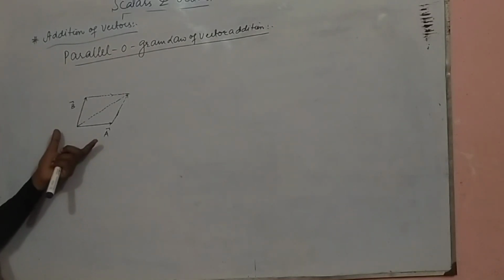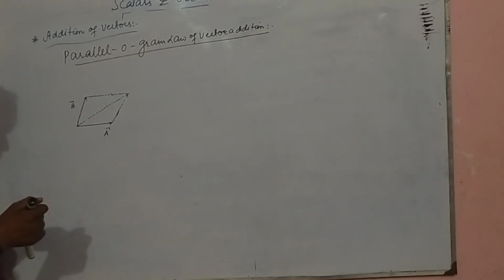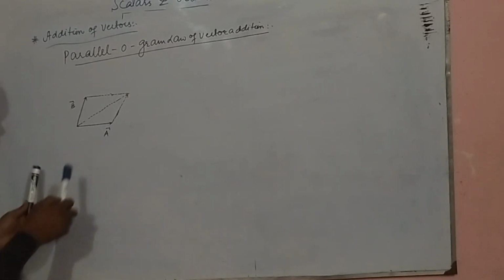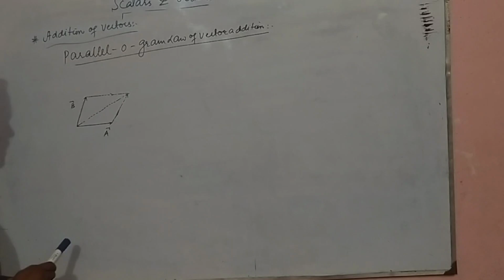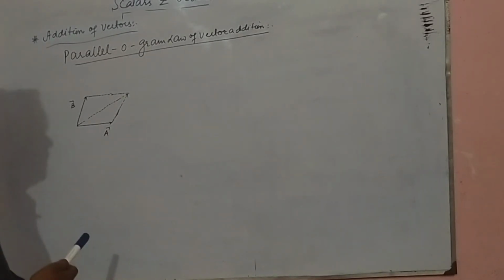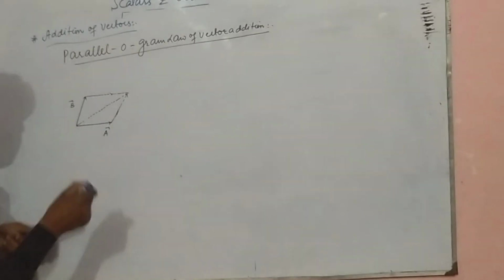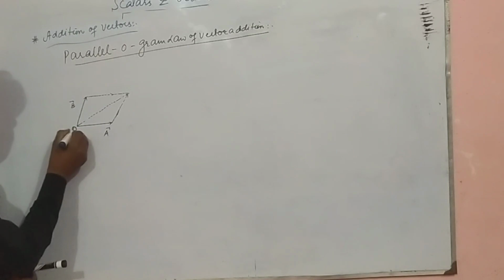So how is it formed, and what is this shape? This shape is a parallelogram, and this is the parallelogram law of vector addition. This is the origin, where the vectors are joined tail to tail.